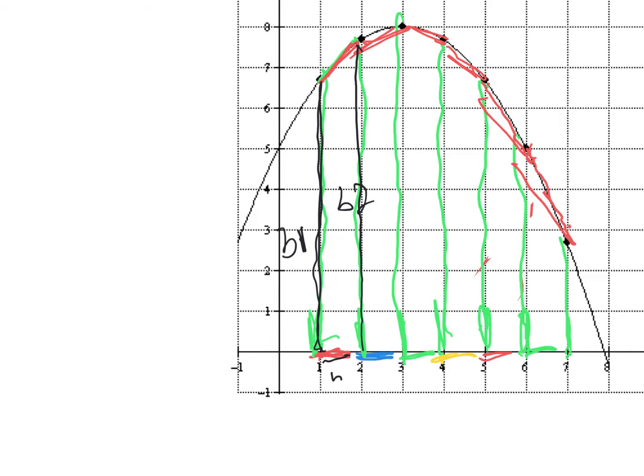That height is 1. So my area of that trapezoid is 1/2 times the sum of the bases times the height, or you could put the height over the 2 sum of the bases. So in this particular problem, my height is 1, because that's the height right here, 1/2 of base 1 plus base 2. So that would be my first trapezoid.